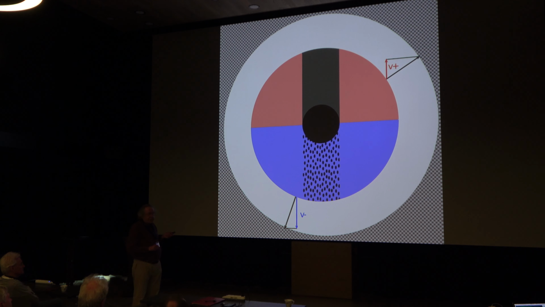Additionally, the hot star does, of course, make ionization, and we have lots of free electrons. These free electrons scatter the light, especially the strong H-alpha light, and the scatter makes Doppler shifting.